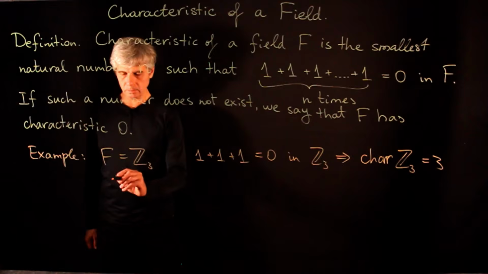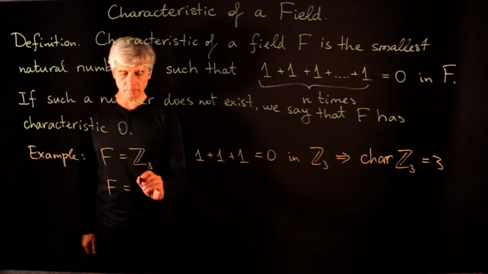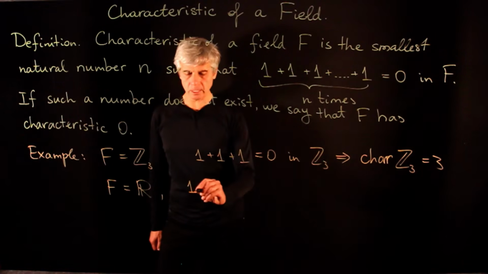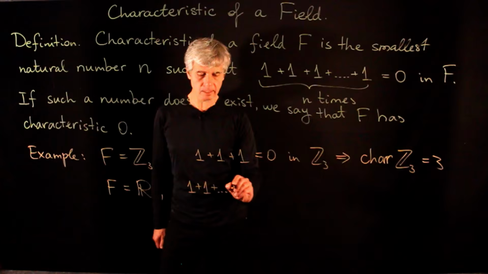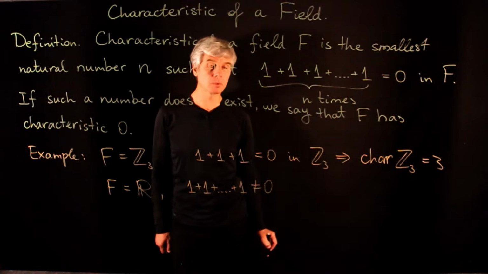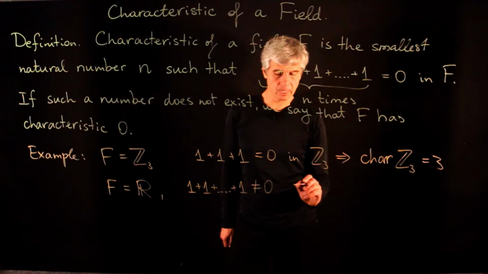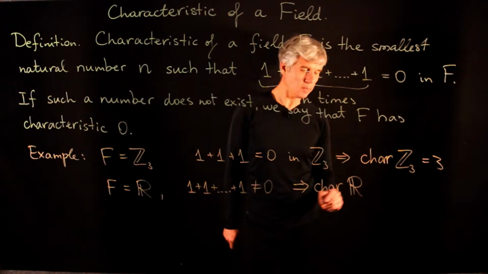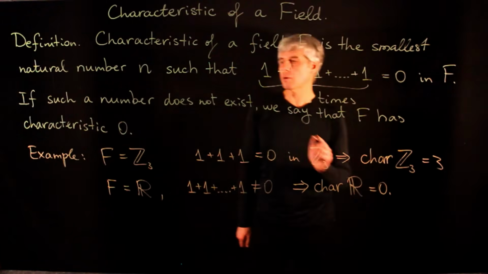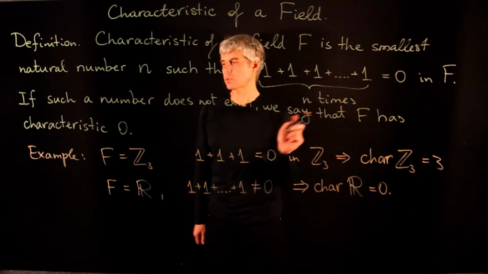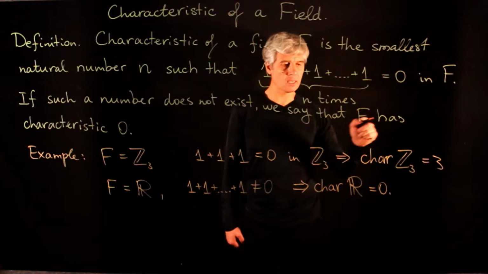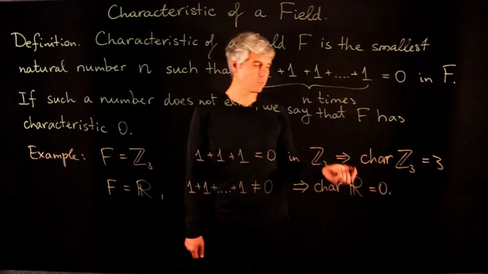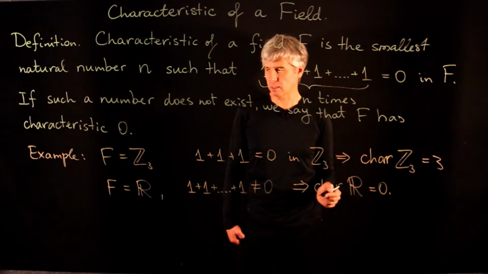So if we take F to be real numbers, then here it doesn't matter how many ones we are going to add up. So this is never equal to 0. So this means that characteristic of the field of real numbers is equal to 0. Really, it would be more appropriate to say characteristic infinity. However, the accepted terminology is characteristic 0.